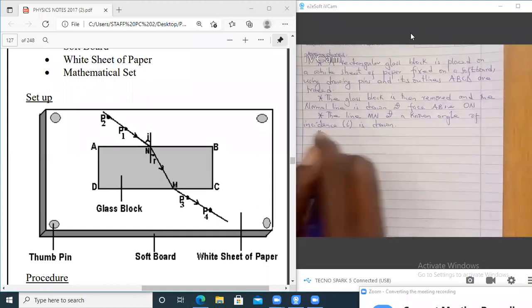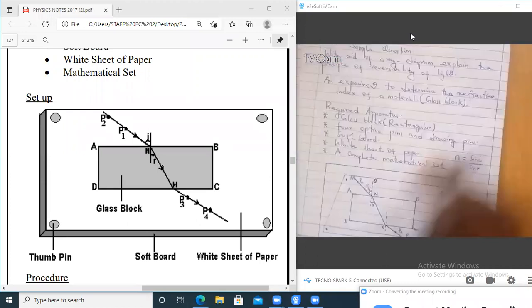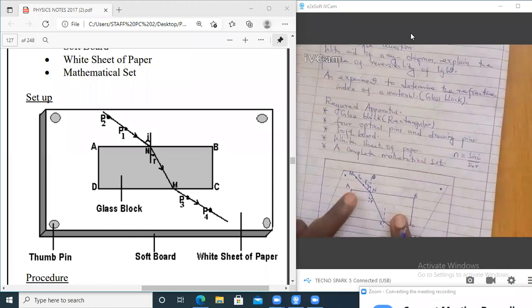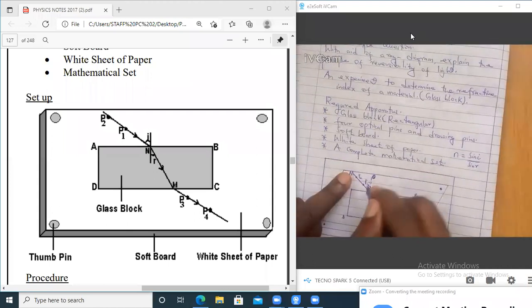The next step after that, two optical pins. Now we fix these two pins here, P1 and P2. We fix the pins along the line after measuring angle I, the angle of incidence.